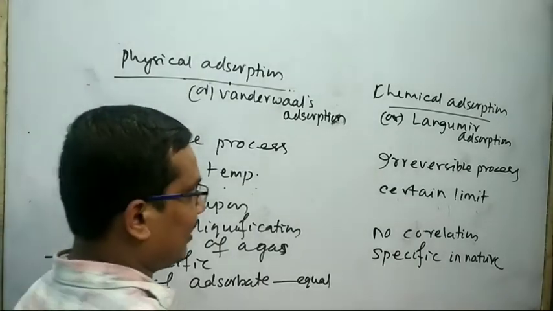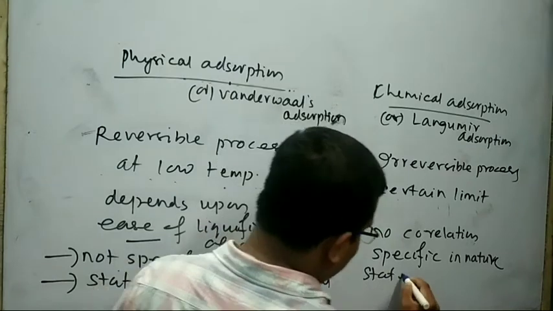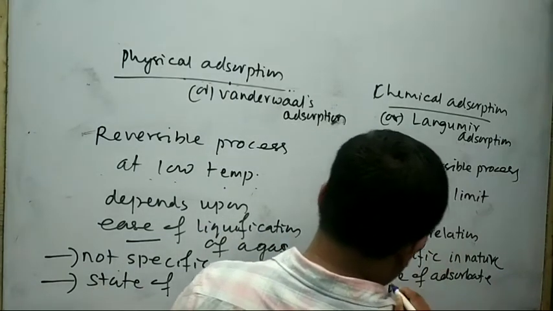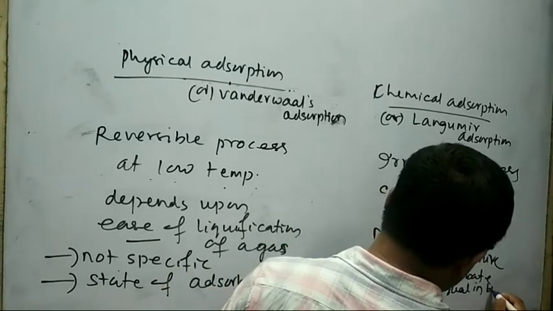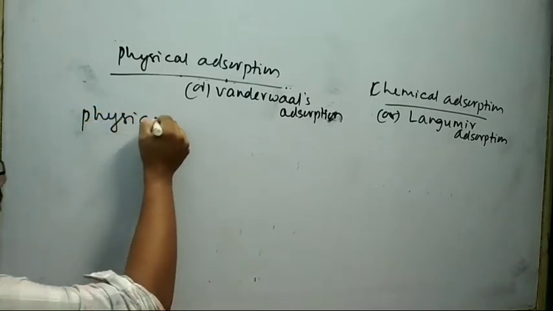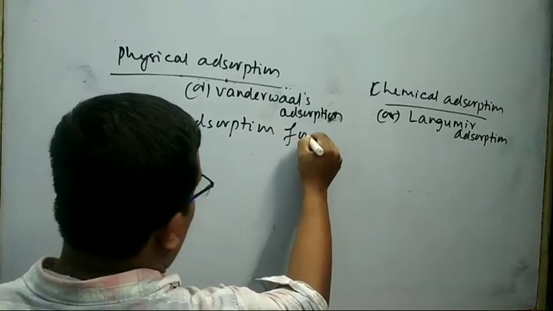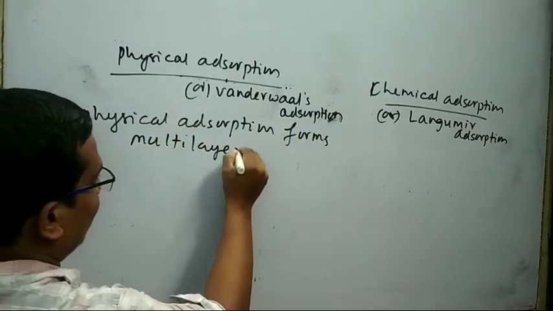On the other hand, in chemical adsorption, the state of adsorbate is not equal in the bulk. Physical adsorption forms multi-layer.